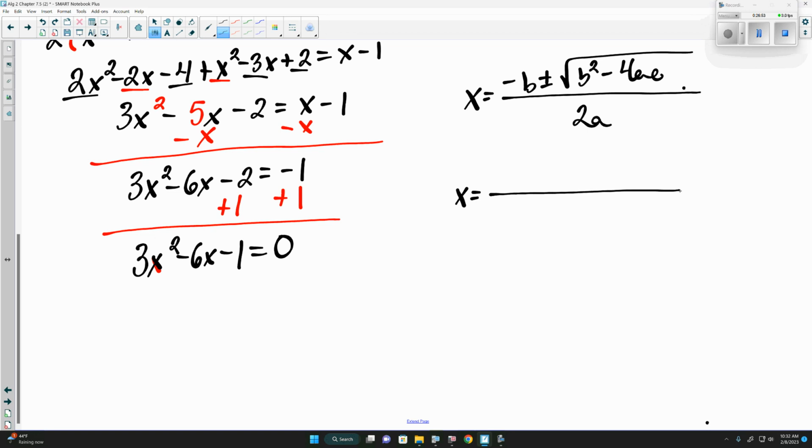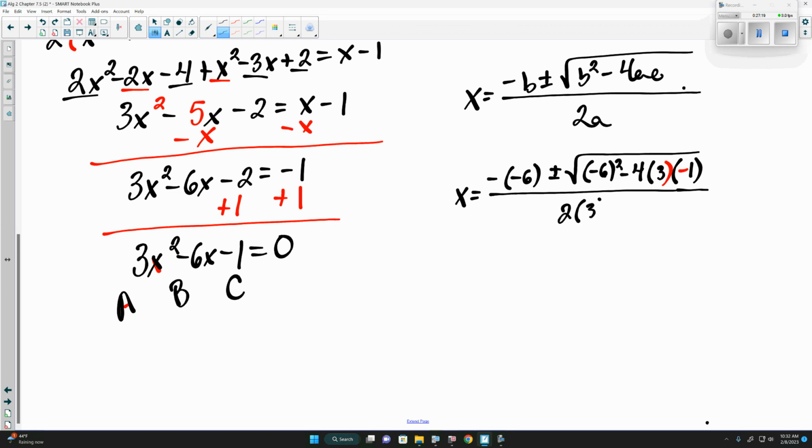Negative b, because a is in front of the x squared, b is in front of the term with the x, and c is the number by itself. So negative b, so negative negative 6, plus or minus the square root of b squared, so negative 6 squared, minus 4, times a, which in our case is 3, times c, which is negative 1. All over 2a, or 2 times 3.